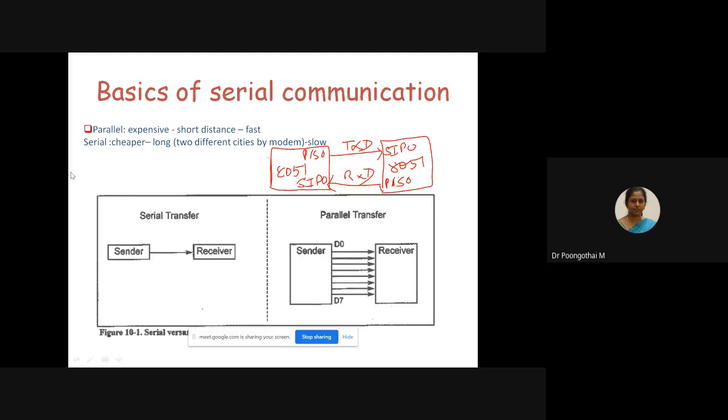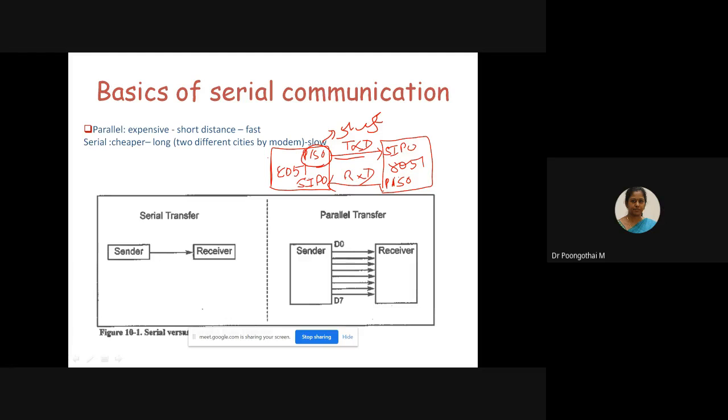So look at this diagram. For serial communication, the byte of data must be converted into serial bits using a parallel in serial out shift register. The data is transferred to another IC, the destination or receiver, through this parallel in serial out shift register via the TXD line.